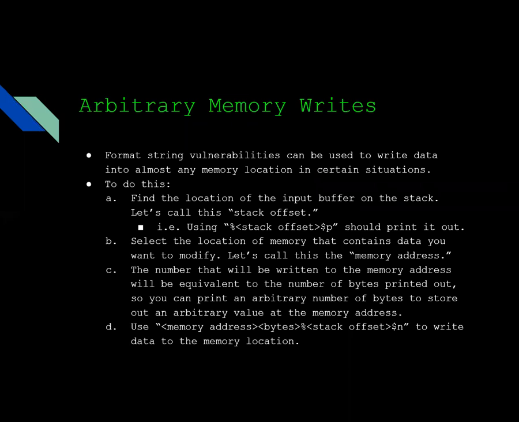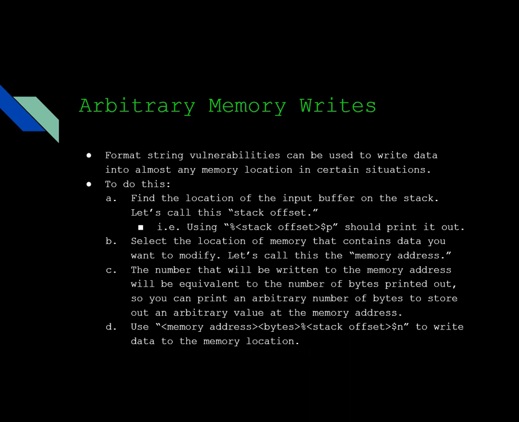So format string vulnerabilities can be used to write data into almost any memory location in certain situations. There are a number of steps that you have to do in order to do this. The very first thing you have to do is figure out where the input buffer is located on the stack. So what that means is if you do something like %, then a number, then a $ sign and p, you should be able to print out the string that is on the stack.